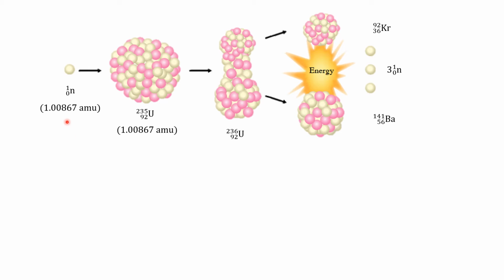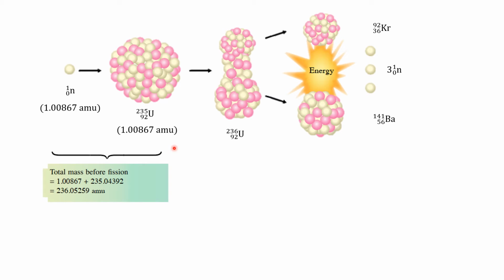This is the mass of neutron and uranium-235 before fission. Then sum up the mass before fission, which is equal to 236.05259 AMU. And here is the mass after fission for krypton-92, barium-141, and also the mass for 3 neutrons.